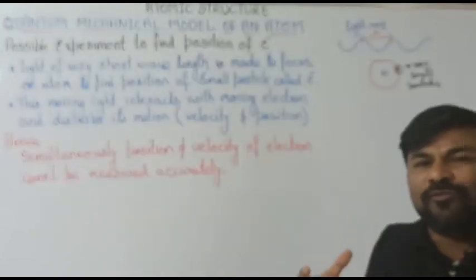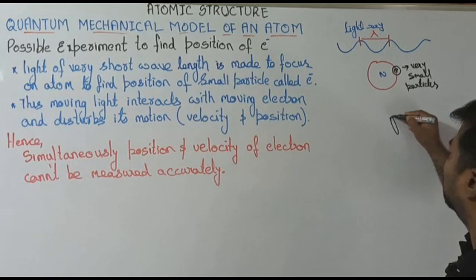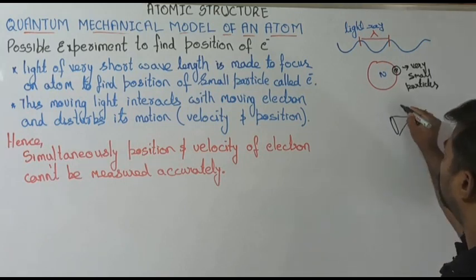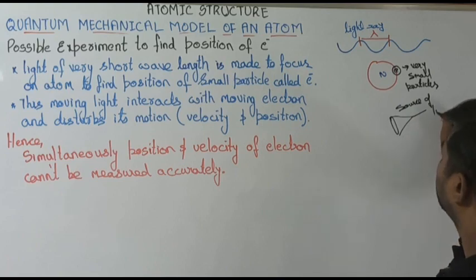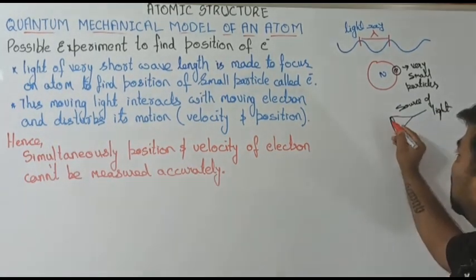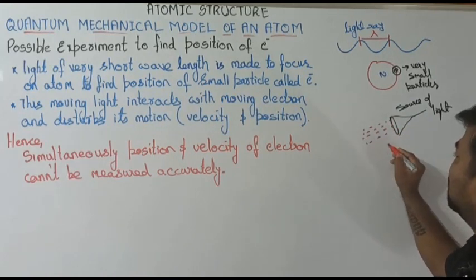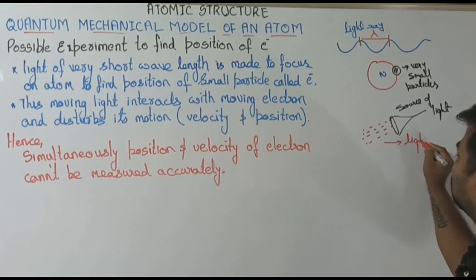Now, with the help of any source of light, let us take any source of light, and let us focus the light on an atom. Assume that these are the light rays.